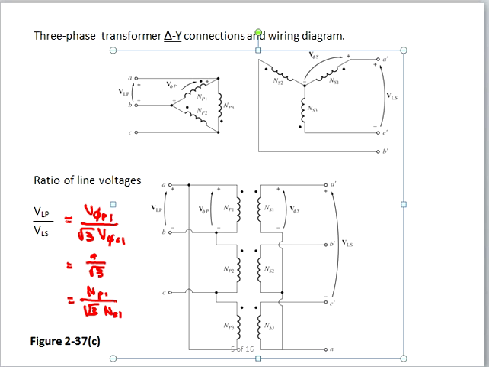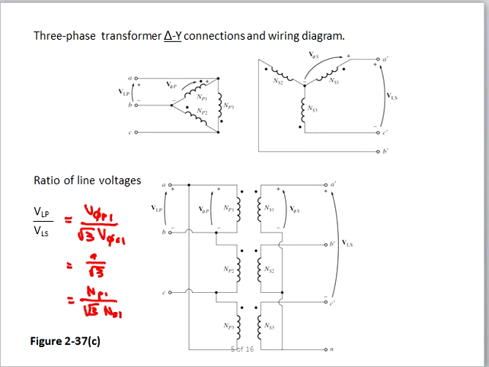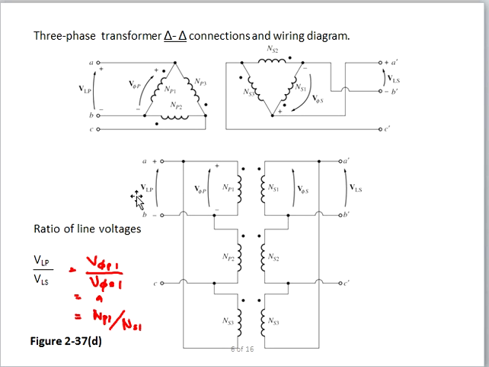Third one is the delta delta. See how it's connected, and as you can see, the difference is gonna be between this one. I'm sorry, this is the delta delta.